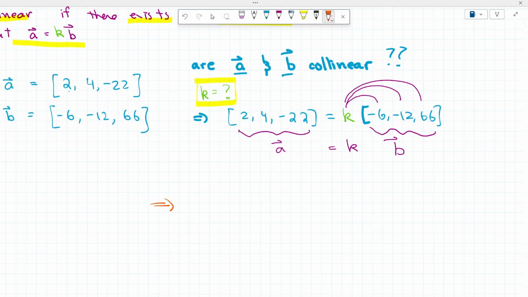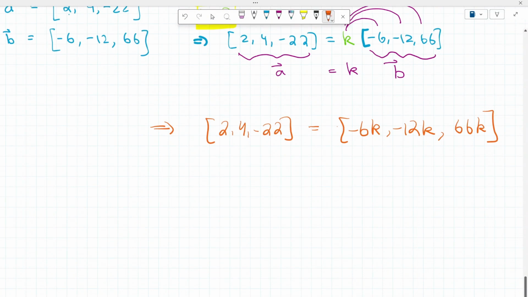That means now that we have vector A, which is (2, 4, -22), equals (-6k, -12k, 66k). Let's create a system of equations here. We have that 2 equals -6k, we have that 4 equals -12k, and we have that -22 equals 66k.